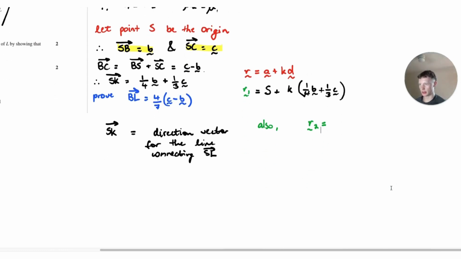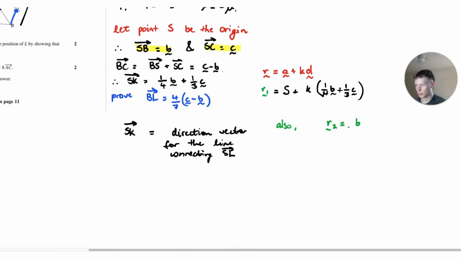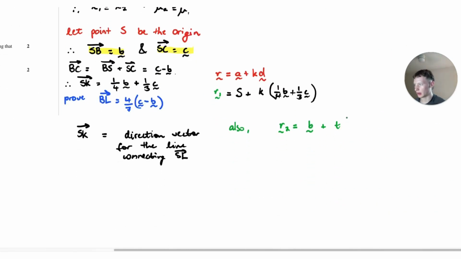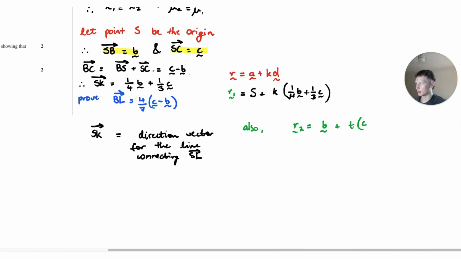We can say that that's vector B. And a direction, I'll use T here, a direction which is B to C. And we're going to define that as C minus B due to what I've got up here.